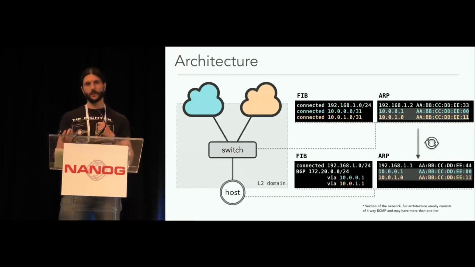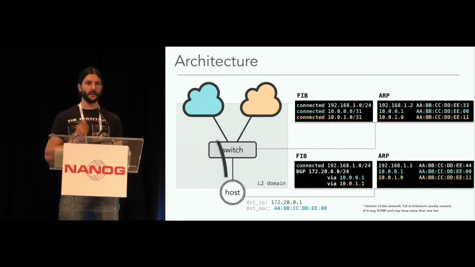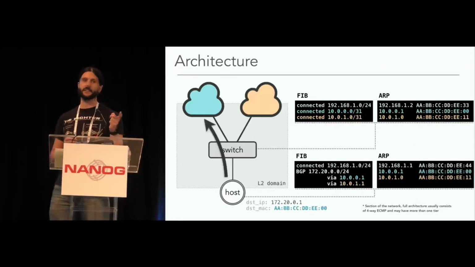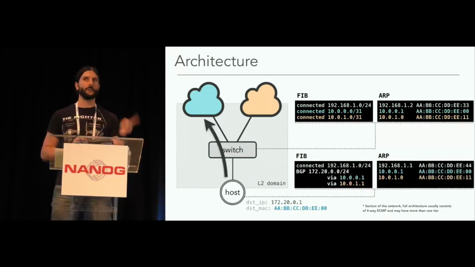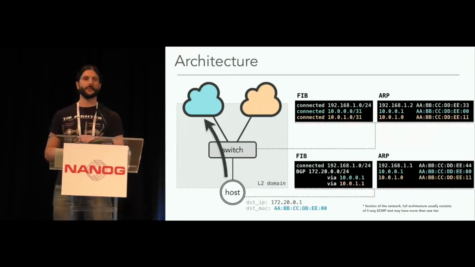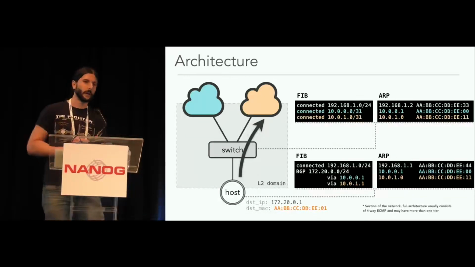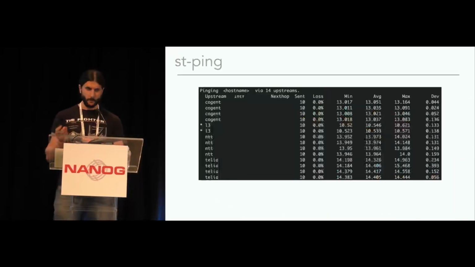So now, if the host wants to send traffic via the blue transit, the only thing it has to do is set the destination MAC address that corresponds to the router of that transit. And the switch will just do what it knows how to do best, which is switch traffic. And if the host wants to send traffic via the orange transit, it's just a matter of setting the corresponding MAC address. And now we can build tools like this one.